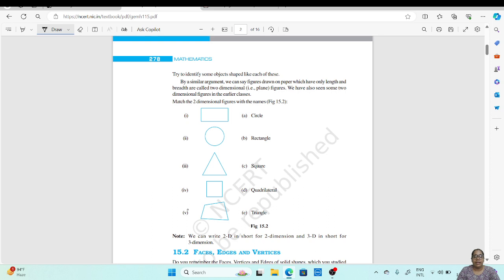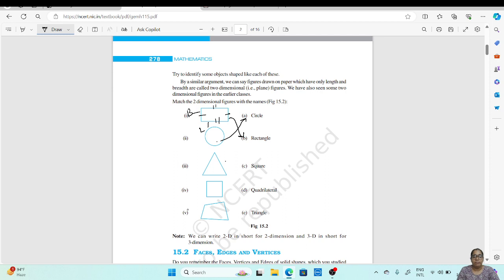This is a rectangle, because in this figure two sides are equal: this and this are equal, and this and this are equal. So this is a rectangle, only with length and breadth. This is a circle.